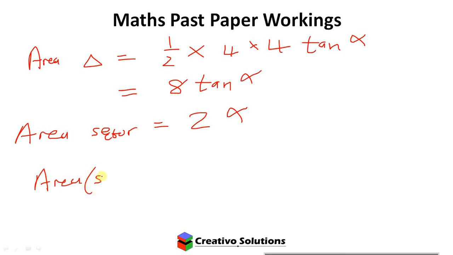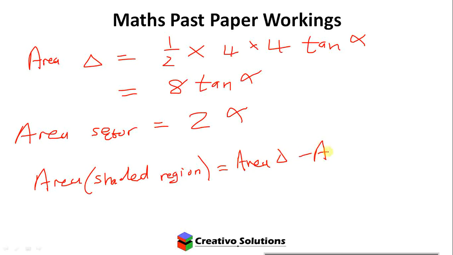Area of the shaded region equals the area of the triangle minus the area of the sector.